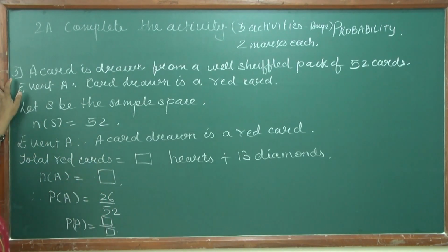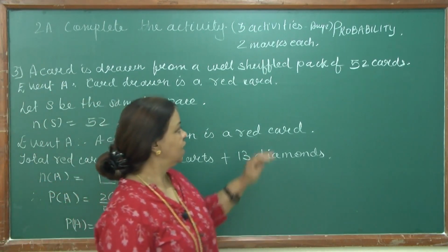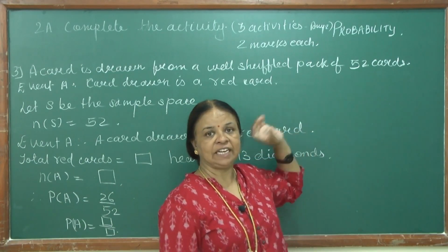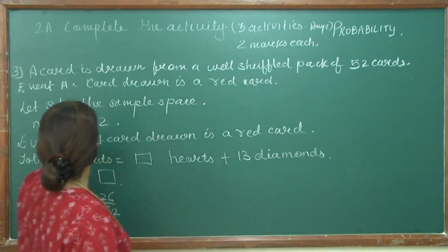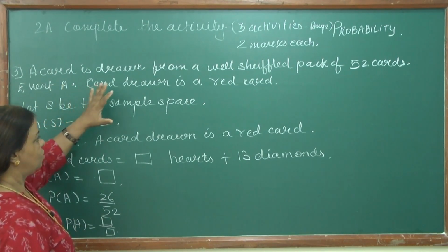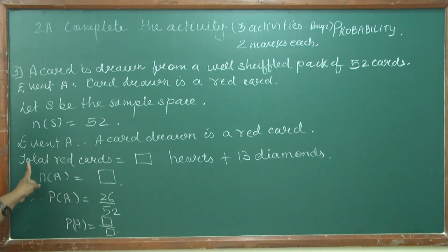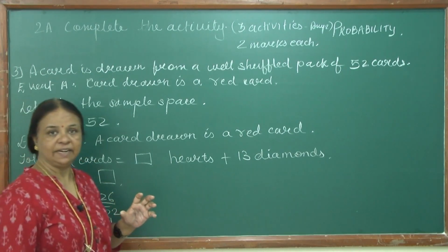Activity number 3. There is a card which is drawn from a well shuffled pack of cards, and the pack of cards contains 52 cards. So the event A: the card drawn is a red card. So we need to write down the event A where the card drawn is a red card.